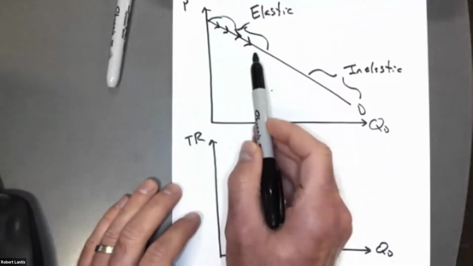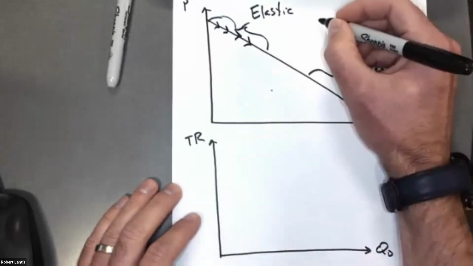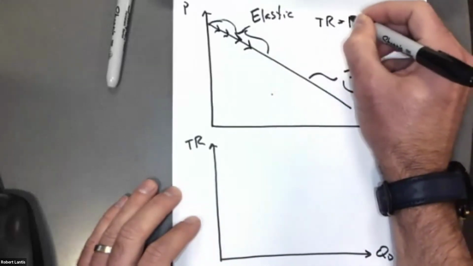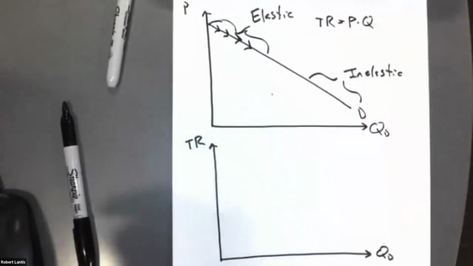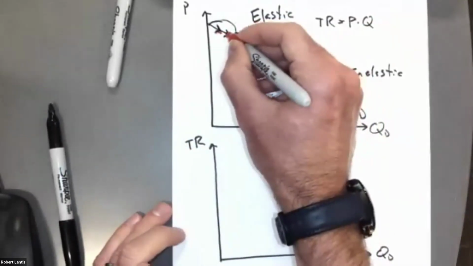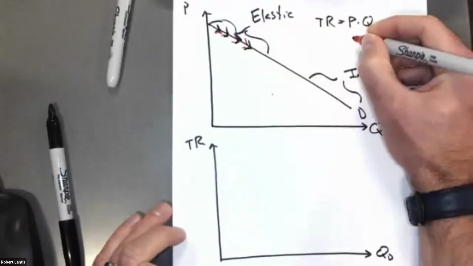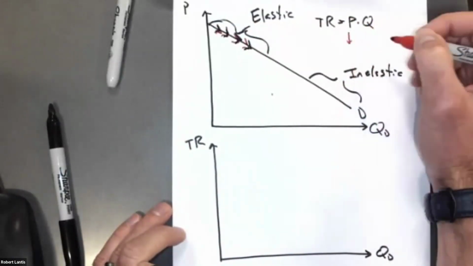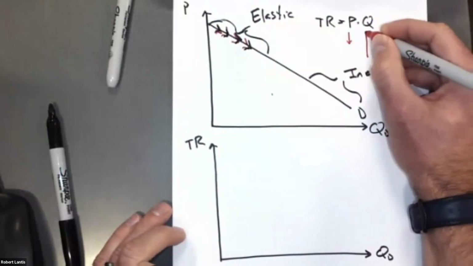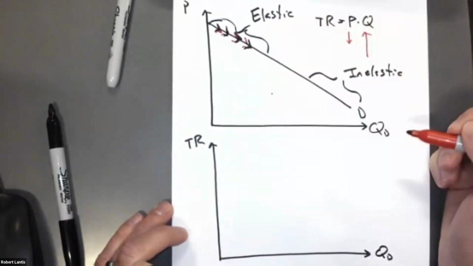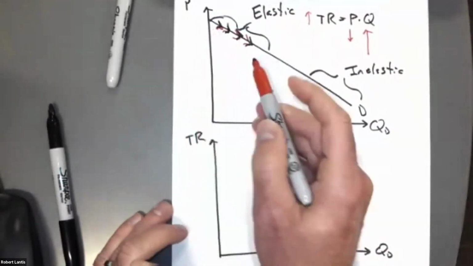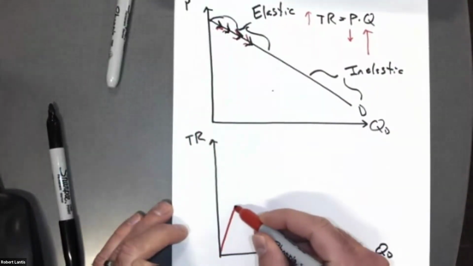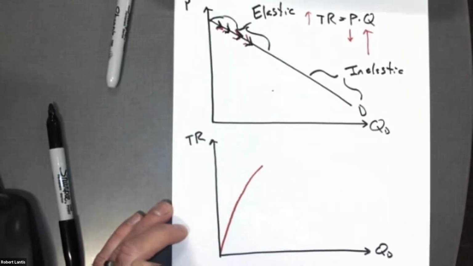If it's elastic, we said total revenue is price times quantity. By lowering the price a little bit, I know that people are going to be very responsive. So what's happening to total revenues? They would be increasing. So initially, when I'm lowering the price, total revenues are going up.